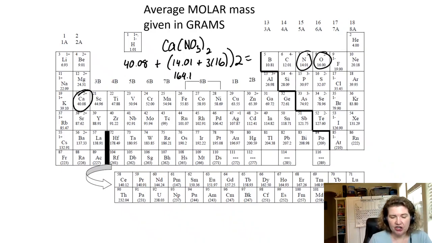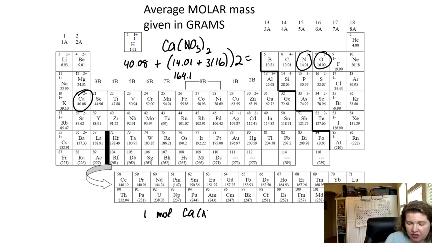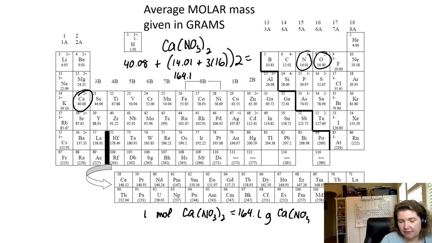So what does that number, 164.1, mean? It means that in 1 mole of calcium nitrate, there are 164.1 grams of calcium nitrate.